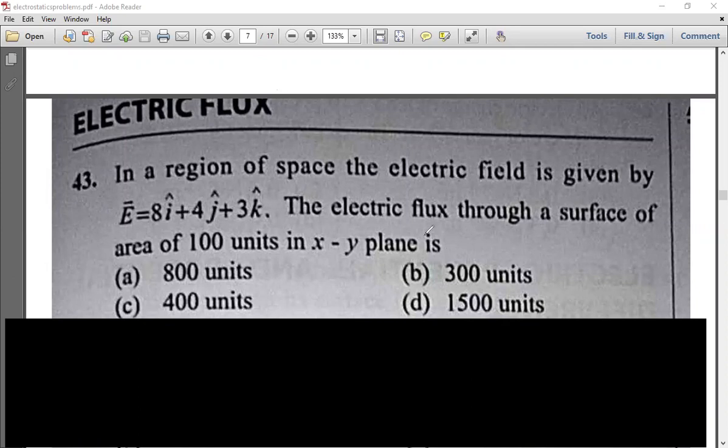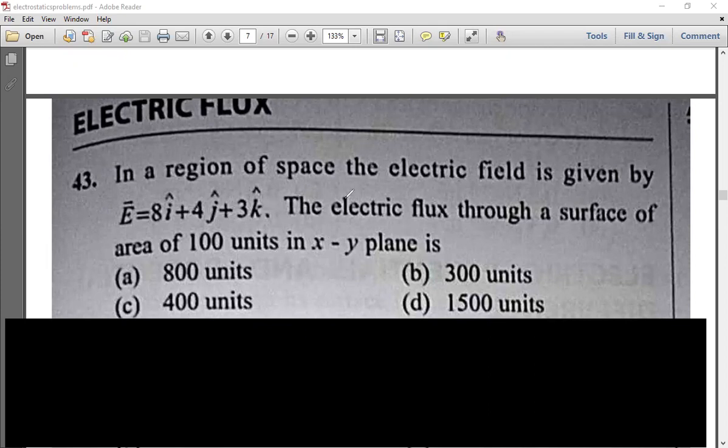In a region of space, the electric field is given by E bar is equal to 8 i cap plus 4 j cap plus 3 k cap. The electric flux through a surface of area 100 units in the xy plane is? xy plane means always we have to take the perpendicular area component.